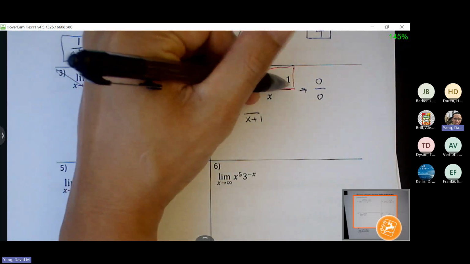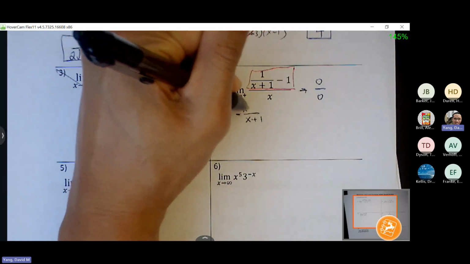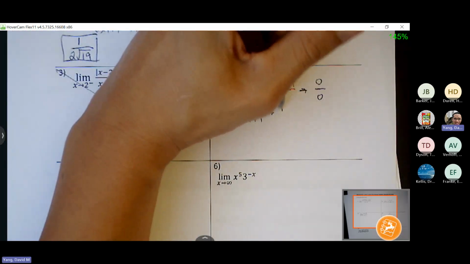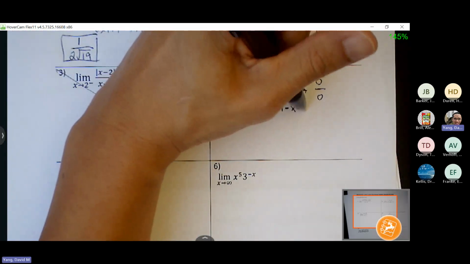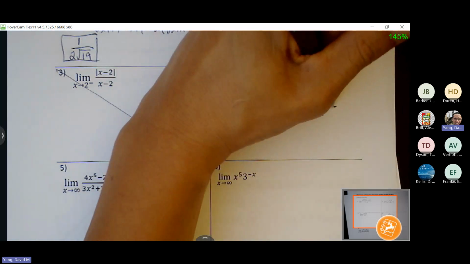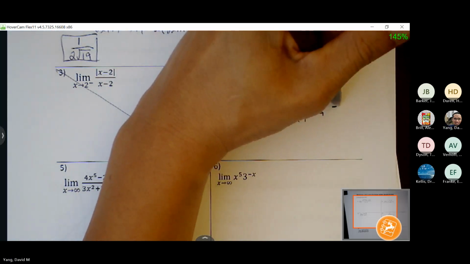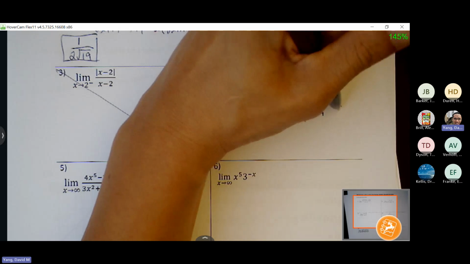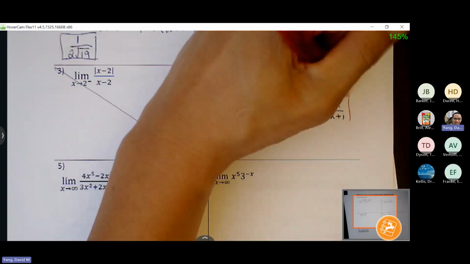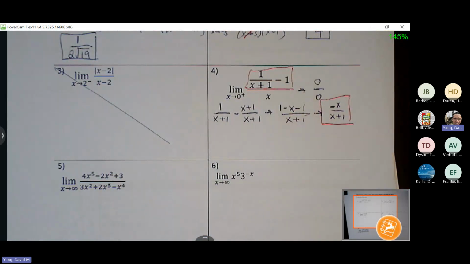The second fraction, though, is missing an x plus 1, so do x plus 1. So we get 1 minus x minus 1 all over x plus 1, which is negative x over x plus 1. Now this is going to replace that numerator portion from our original problem.